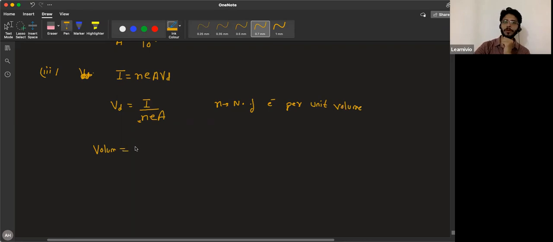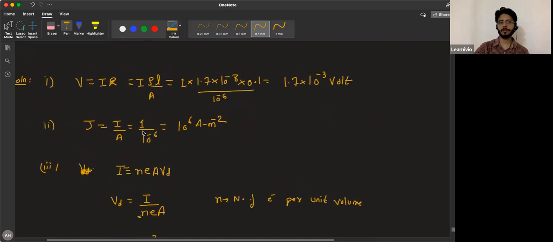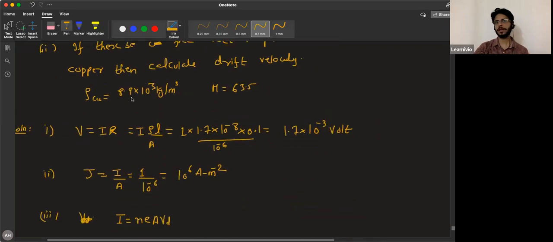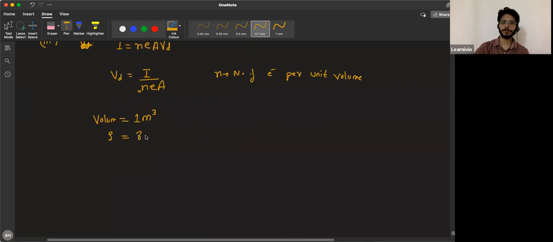So per unit volume means volume is 1 meter cube. Density of copper is given, which is 8.9 into 10 raised to the power 3 kg per meter cube. If volume and density are given, Hishma, how will you calculate mass?